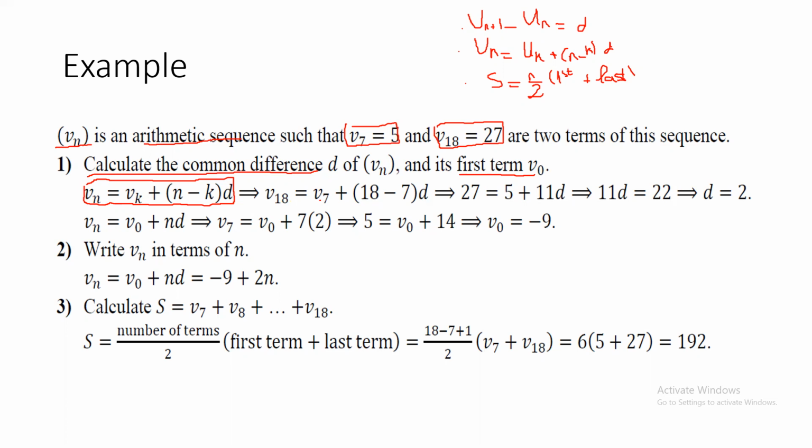So V18 equals V7 plus 18 minus 7 times d. I replace V18 by 27, V7 by 5, 18 minus 7 is 11d, then 11d equals 22, then d equals 2. Any questions about this part?